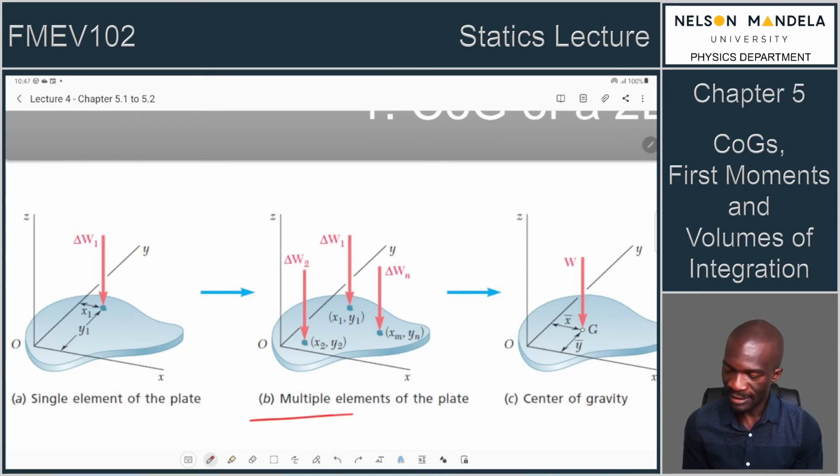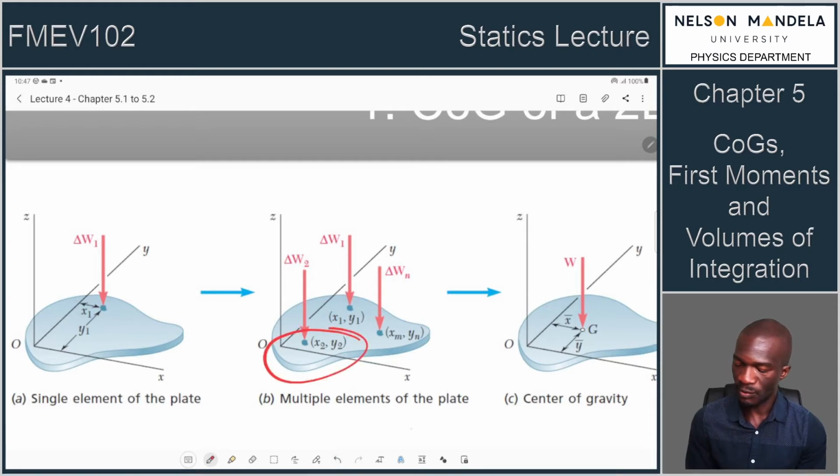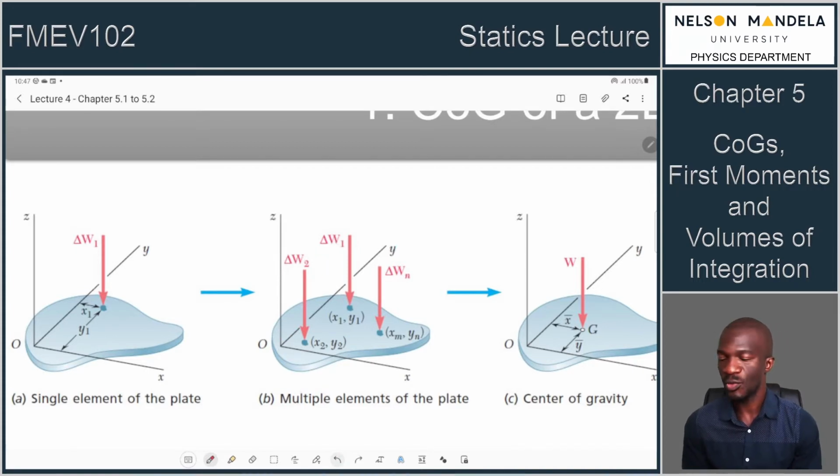If we have multiple elements of the plate, then we will have a number of particles. So for example, our first particle, which was located at x1, y1, will also be added to some other weight of a small particle, weight 2, at x2, y2, and so forth until we get to the nth particle.